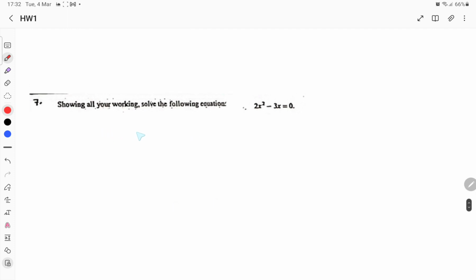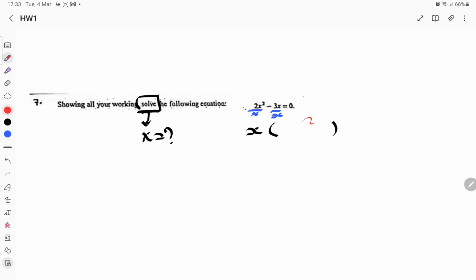Here he said, show your work to solve this equation. Again, 2x squared minus 3x. I need to get out first. He's asking you to solve. Solve means to find the value for x. 2x squared minus 3x, there is an x common factor. Open a bracket. What do you have inside here? I should divide by x, the first one, divide by x, the second one, and then 2x squared divided by x.